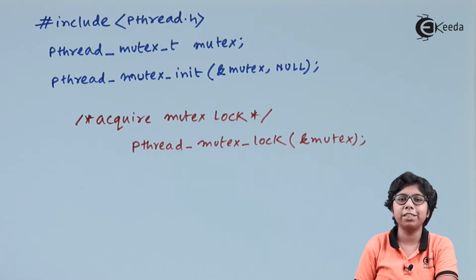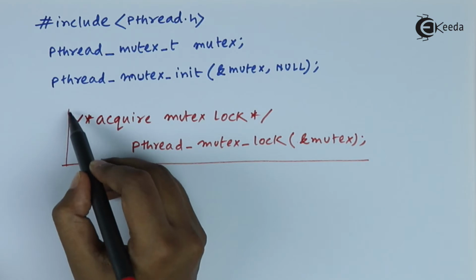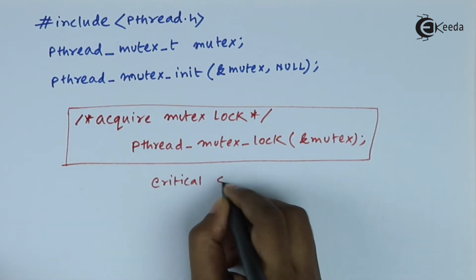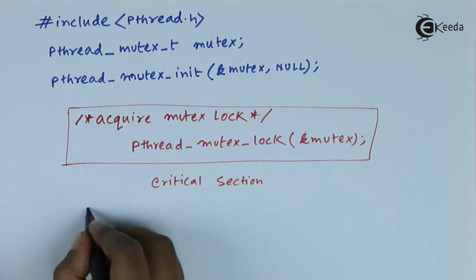First, in the entry section, we are acquiring the lock using the pthread_mutex_lock function and passing a pointer to the mutex variable of pthread_mutex_t data type to this function. Upon exiting from the critical section, it will release the lock.